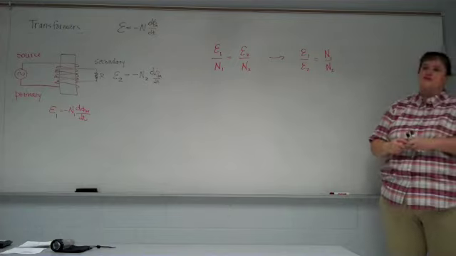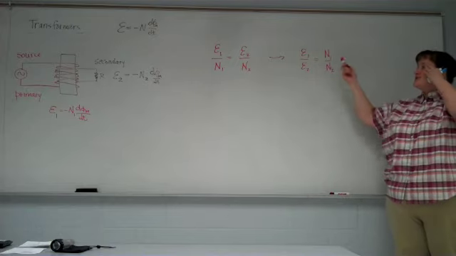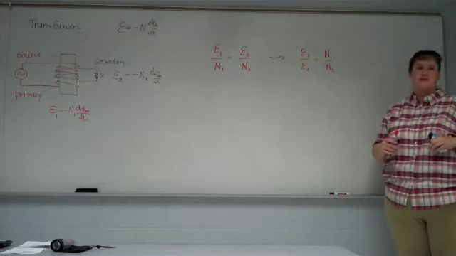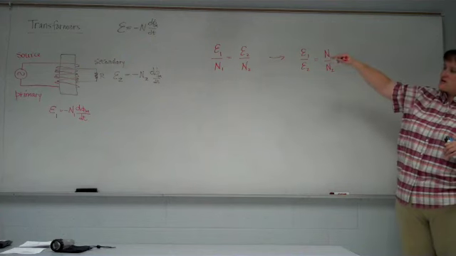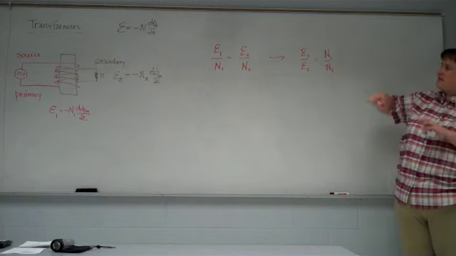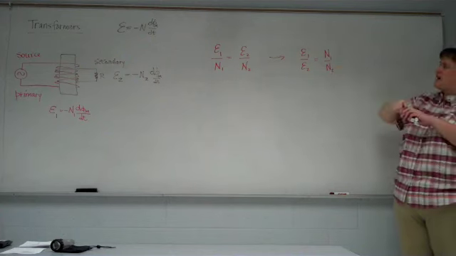So the ratio between the two voltages is entirely dependent on the number of turns. With the way I've drawn it, our source is 1, 2, 3, 4, 5 turns, and my secondary is 3 turns. So that means voltage in the primary is 5/3 times the voltage in the secondary.